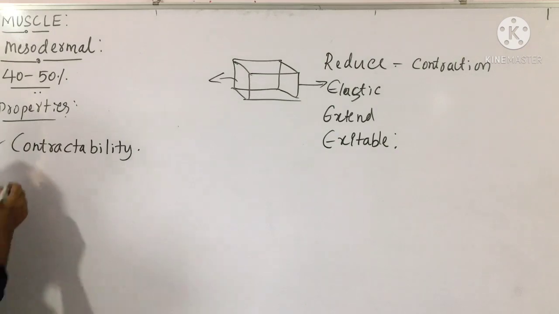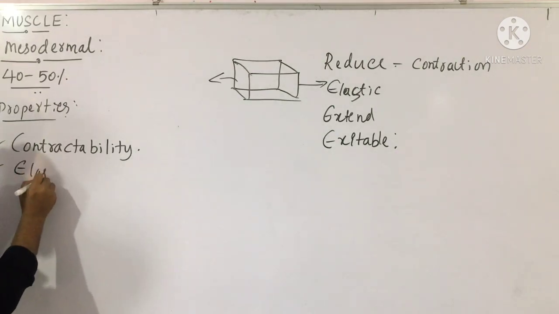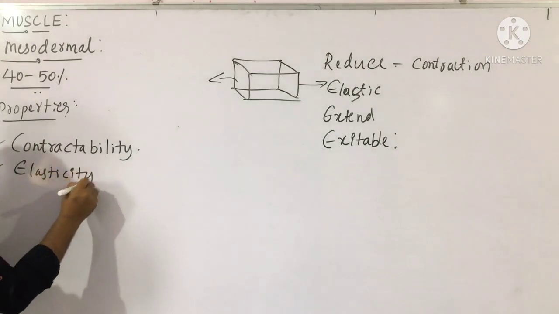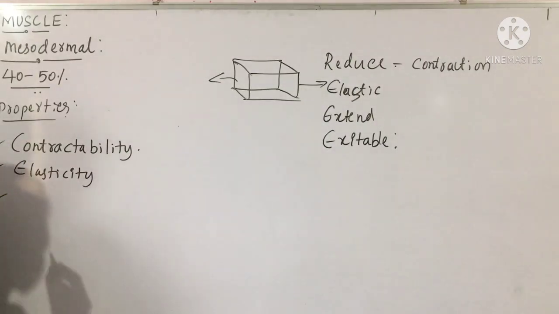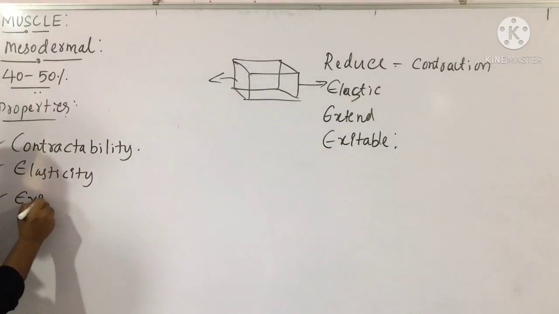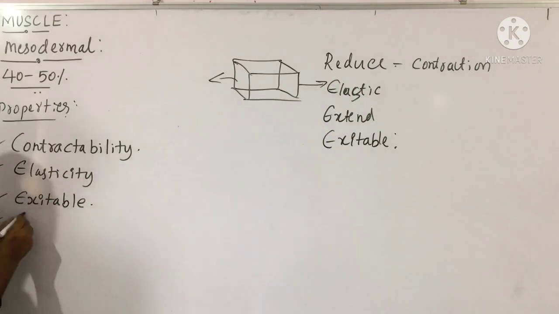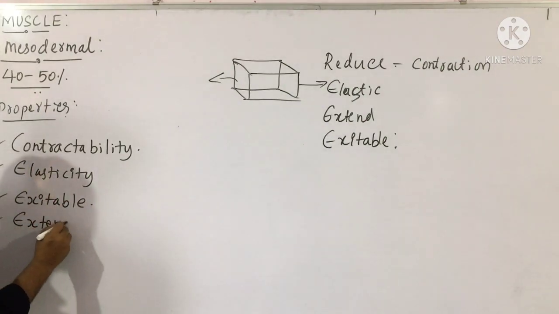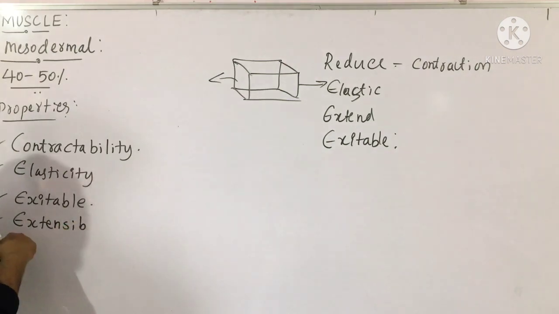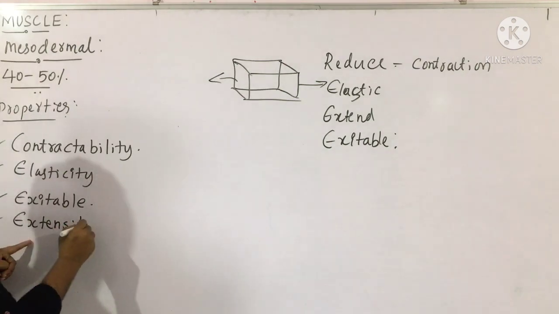The first property of muscle fiber is contractability. Elasticity is the second property. The third property is that they are excitable, and the fourth property is that they are extensible, so it is called extensibility.